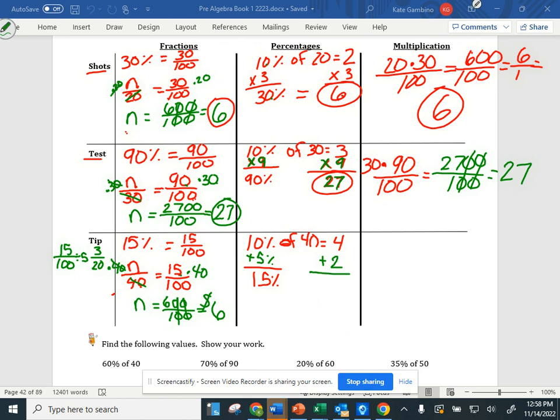So this one doesn't work out as easily as the other two ways. Why do we think we give you multiple ways to work out a problem? Because some ways are going to be easier for a problem than other ways. Was this way an easy way to figure out, oh, I add 5%, so how am I getting these numbers?